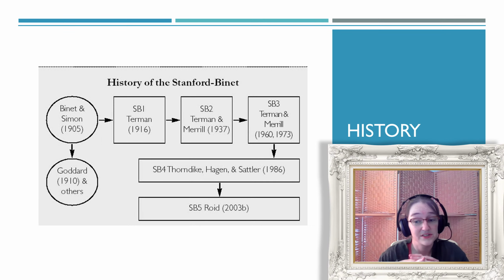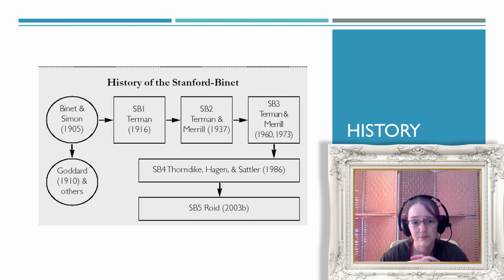Okay, so there's a pretty long history with the Binet scales. They were initiated in 1905 at the behest of the equivalent to the Department of Education, and they were built upon by Goddard around 1910 and onward, and some adaptations of it eventually made their way over to Lewis Terman and Otis, whose first name I'm blanking on right now.